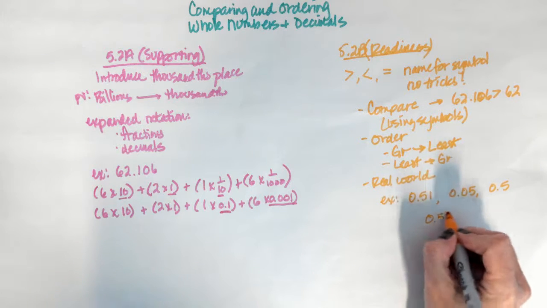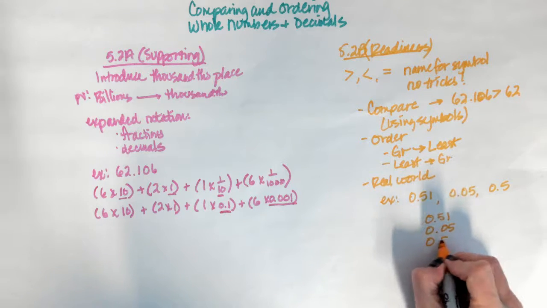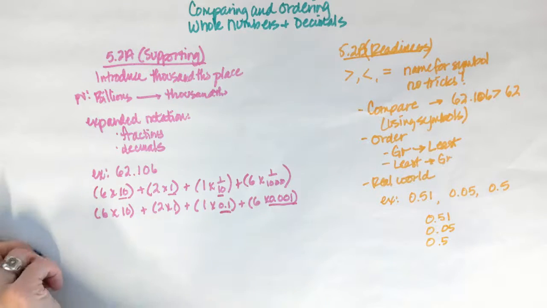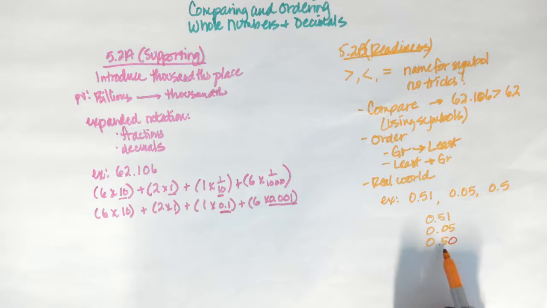So if I start by lining them up, the next thing I want them to do is add in a 0 at the end of any number that doesn't have the same number of digits as the rest. So here I would want them to add a 0. That's called annexing a 0. This will generate some conversation in your classroom because students don't always believe you that the number value didn't change when you added a 0 to the end.